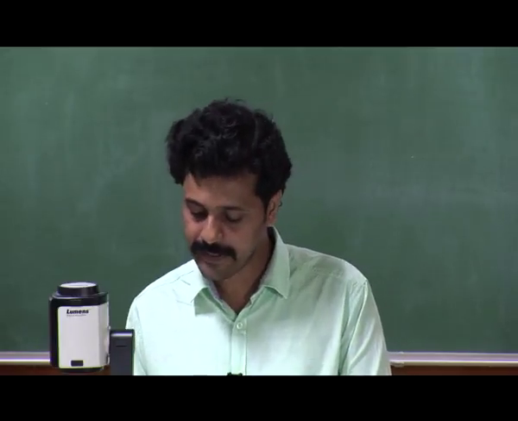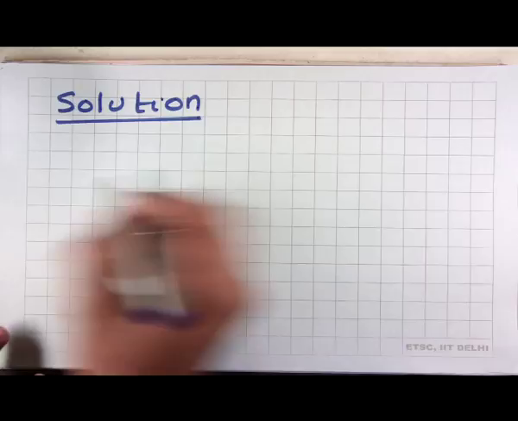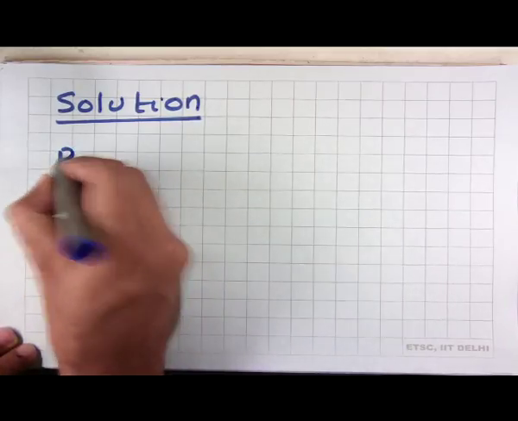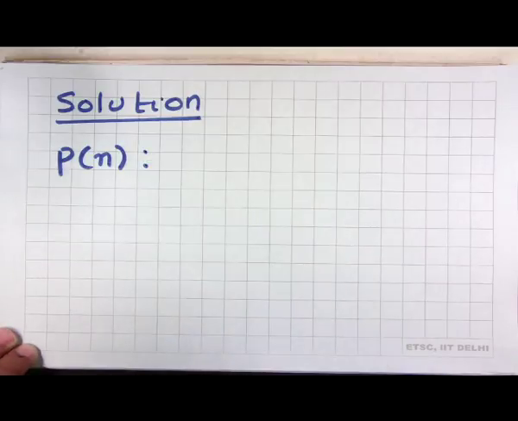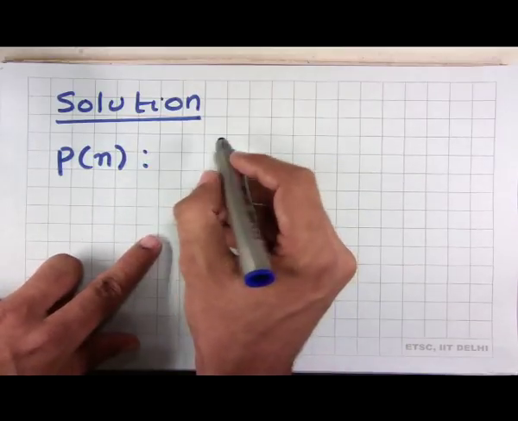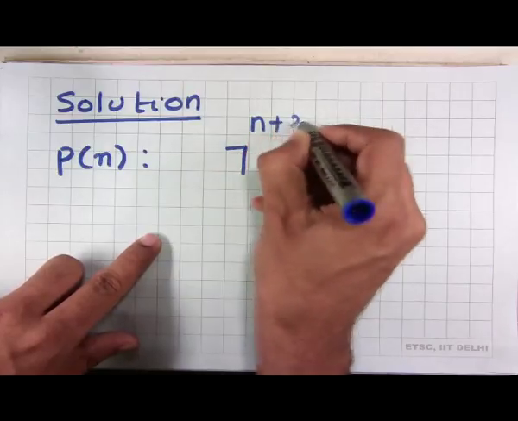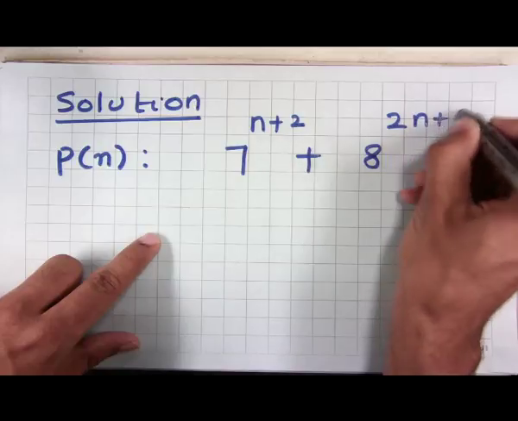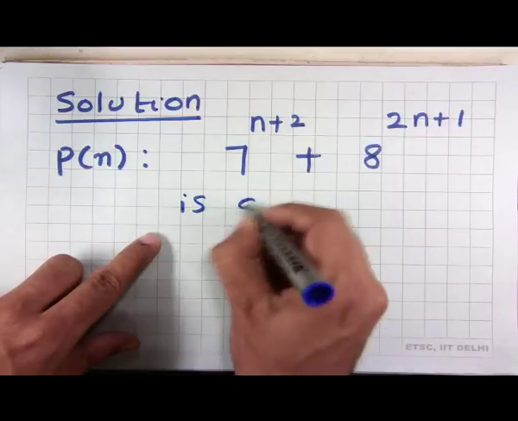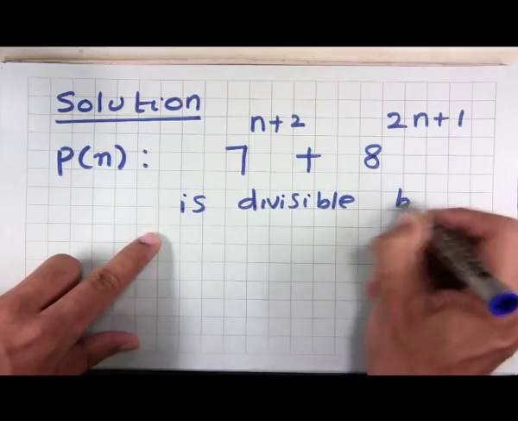Let us employ mathematical induction here. As is practice, the statement which is required to be proved, let me call it P of n. So, P of n is the assertion that 7 power n plus 2 plus 8 power 2n plus 1 is divisible by 57.